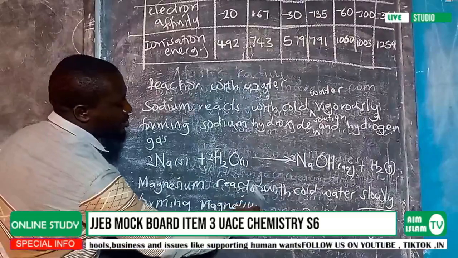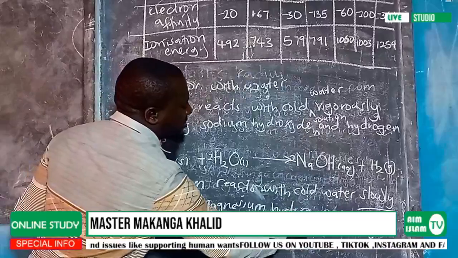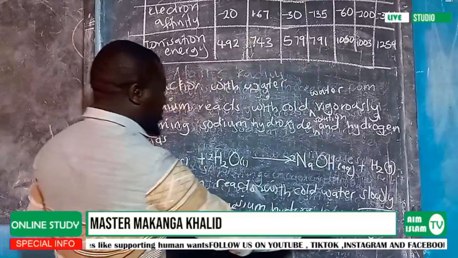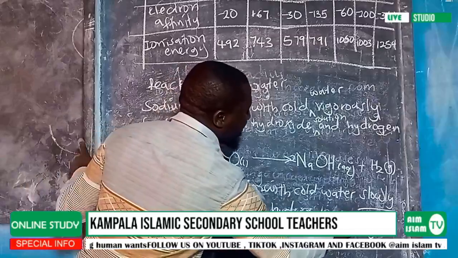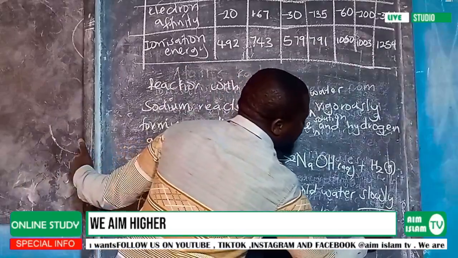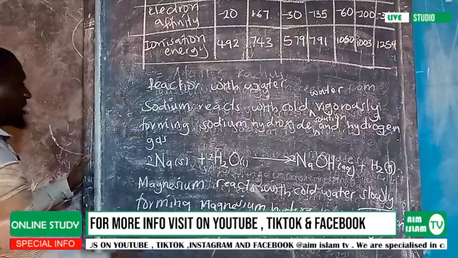This one reacts slowly, forming magnesium hydroxide, magnesium hydroxide, and hydrogen gas. That one reacts slowly.